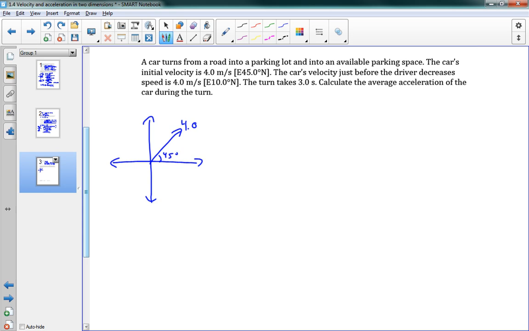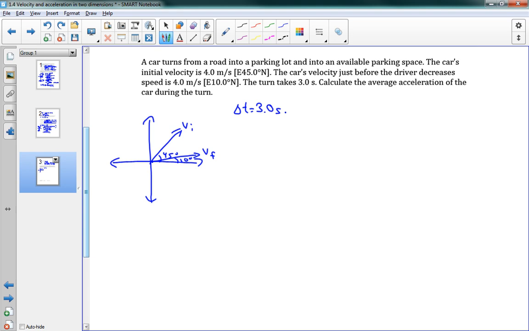Okay, the car's velocity just before the driver decreases speed is 4.0 meters per second east 10 degrees north. So now we have another one with just 10 degrees. That's the final velocity. This is Vi, this is Vf. The turn takes 3.0 seconds. Delta t equals 3.0 seconds.